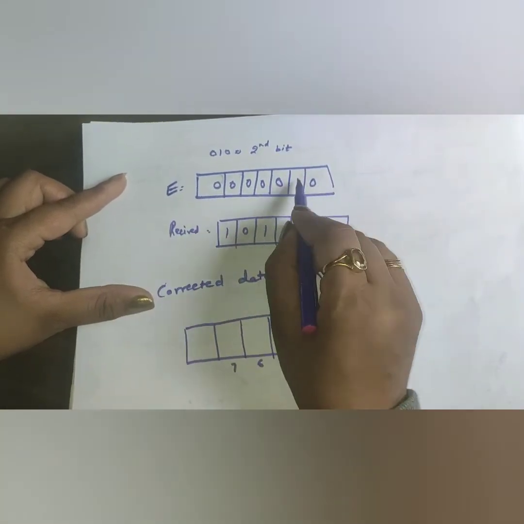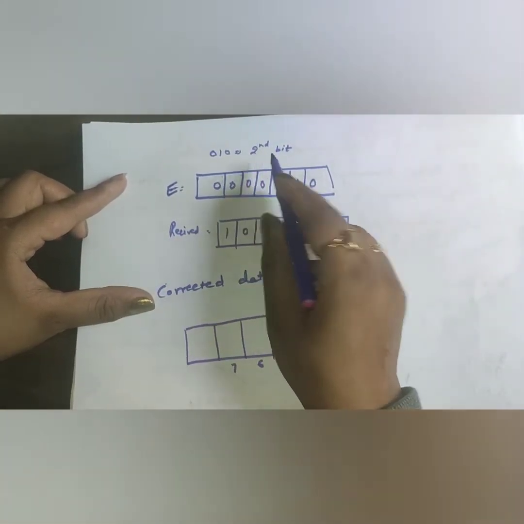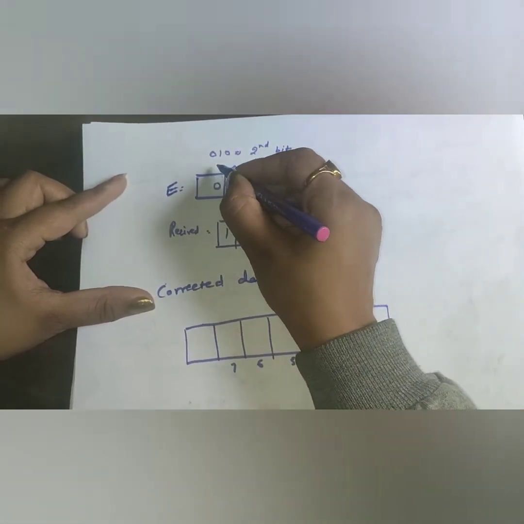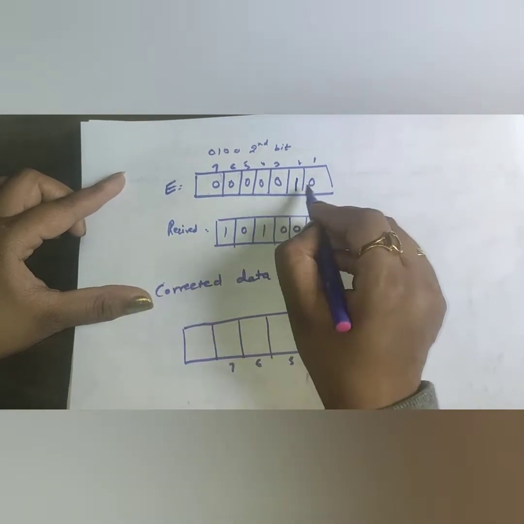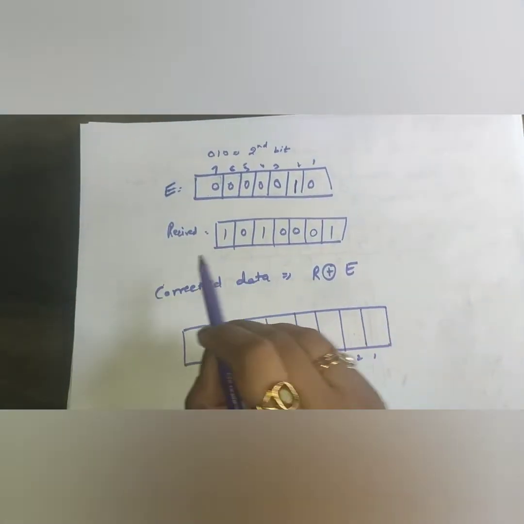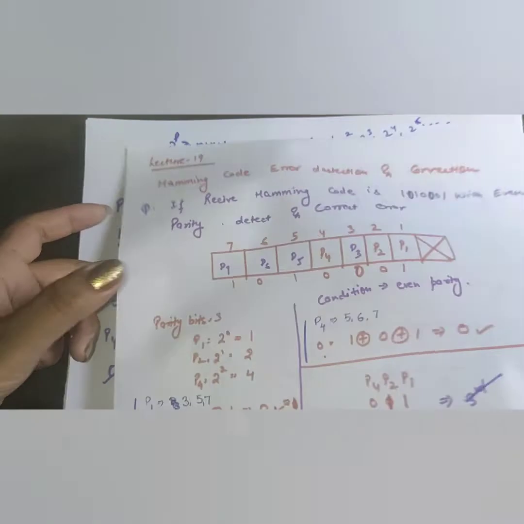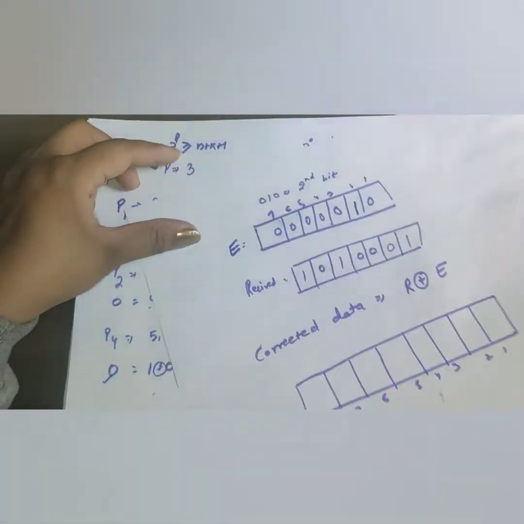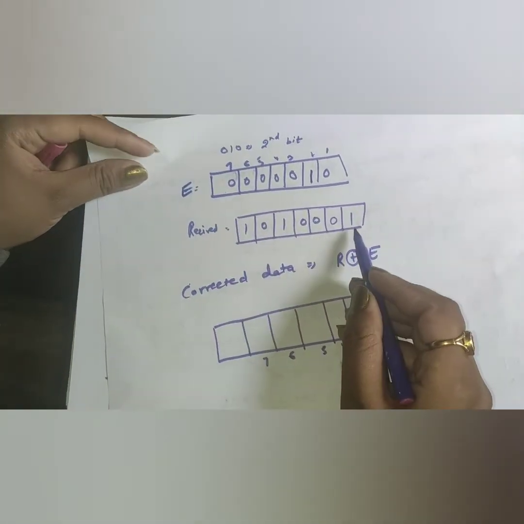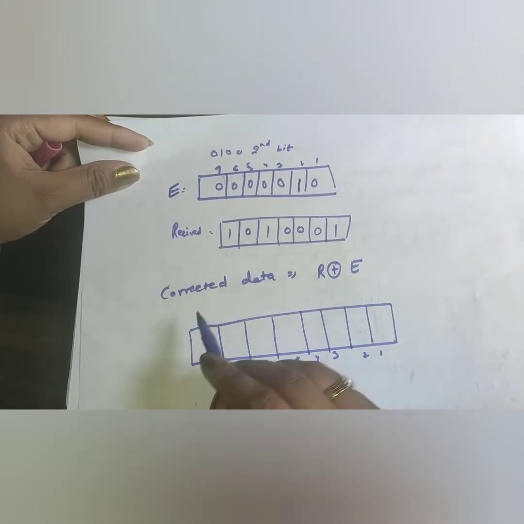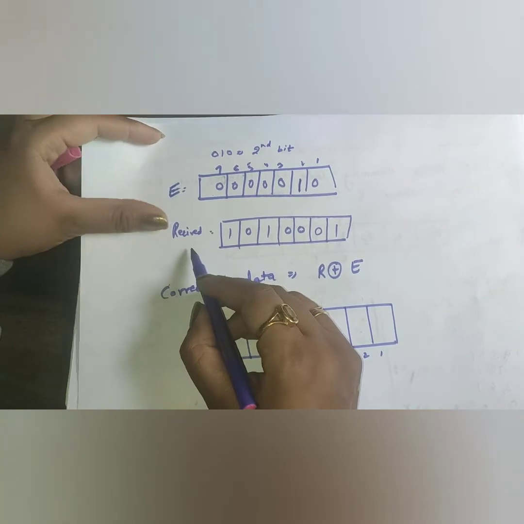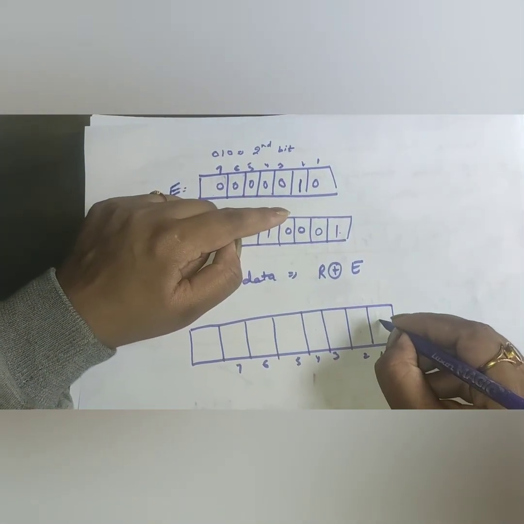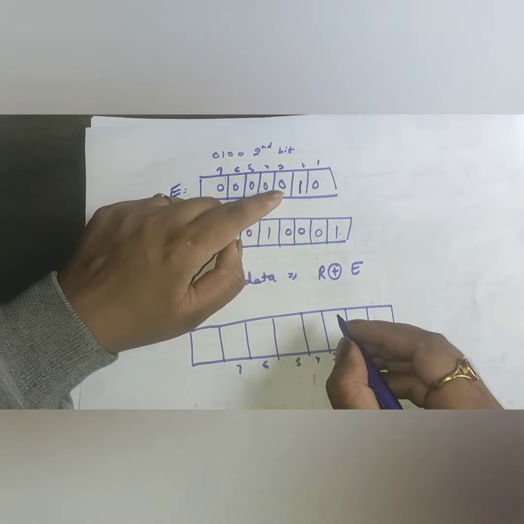That is a 7-bit word, positions 1 to 7, with the second bit in error, so the error data has a 1 in that position and the others are 0. The received data was 1010001. The corrected data is the received data XORed with the error data.